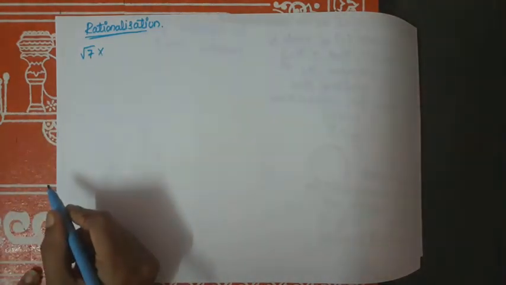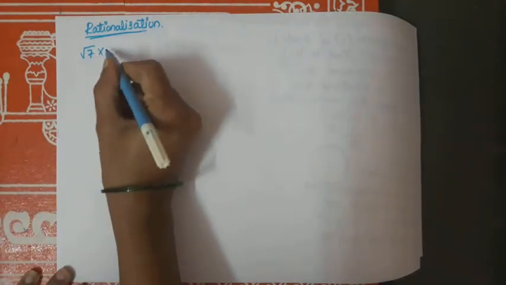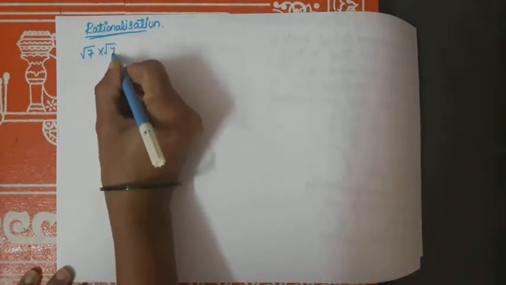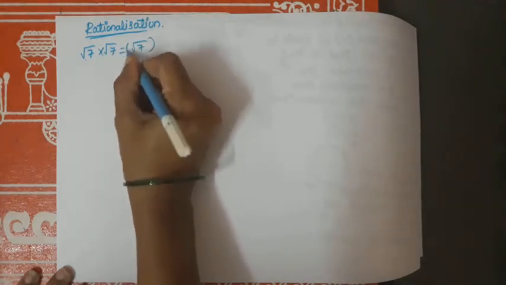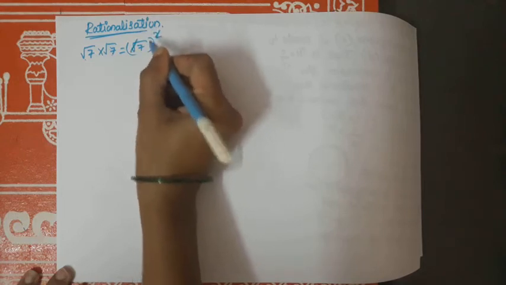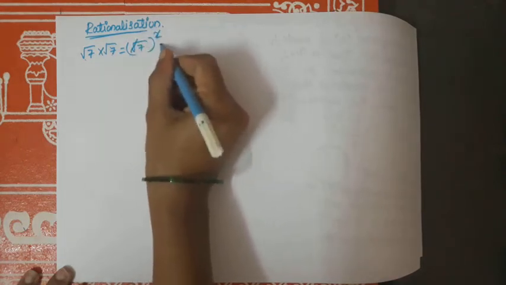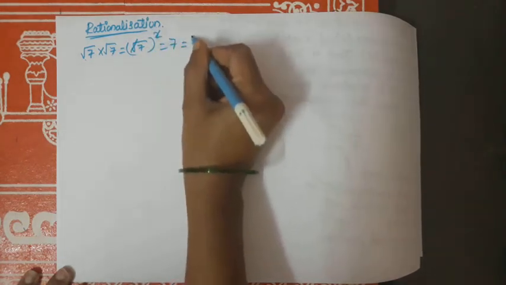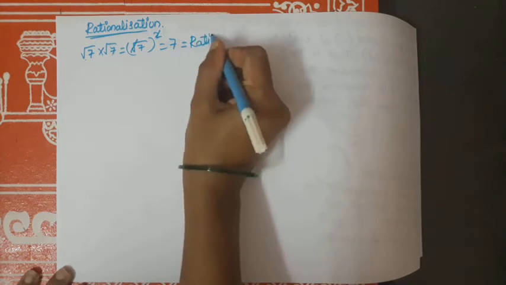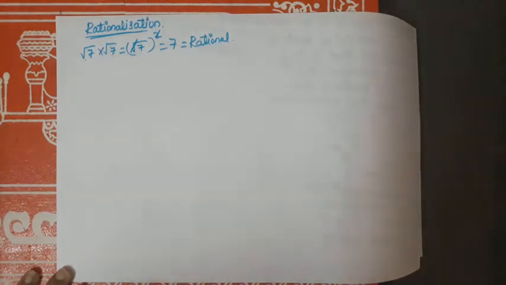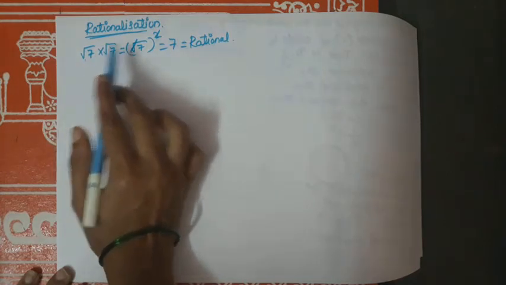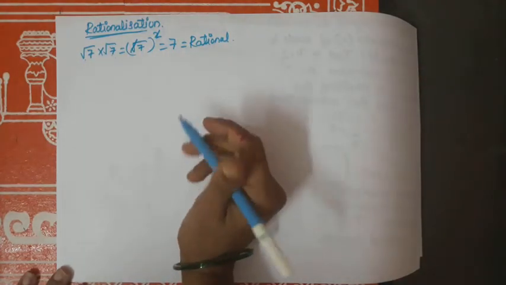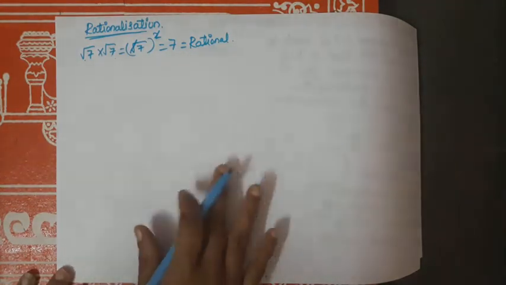For example, if I multiply root 7 by root 7, we have root 7 into root 7, root 7 squared, that is 7. The square root gets cancelled, and we have 7, which is a rational number. When we multiply an irrational number by itself, we get a rational number. This is what we call rationalization.